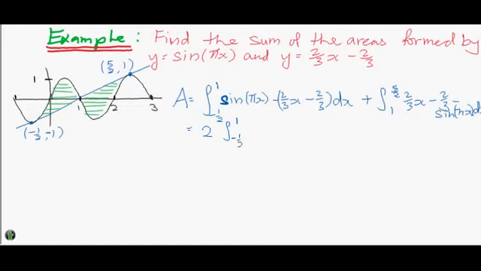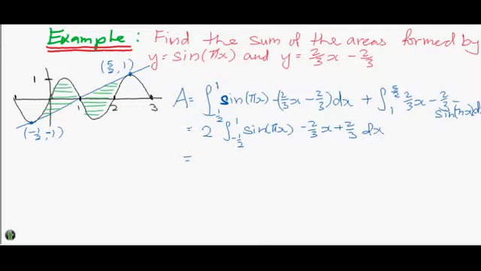I'm just going to pick the first one, and all you need to do is evaluate this integral and you're going to come out with the goods. So the integral of sine pi x minus 2/3 x plus 2/3 dx. Depending on how the question is set up, maybe your calculator can do it for you, but at this point I'll just quickly run through it by hand. You still need to know how to do things by hand.